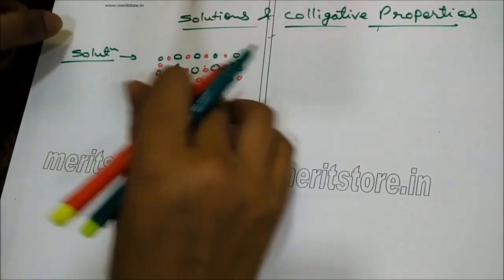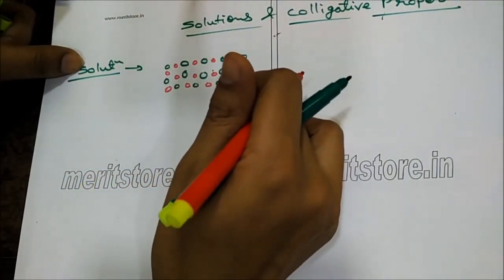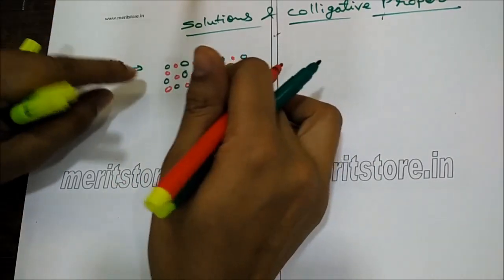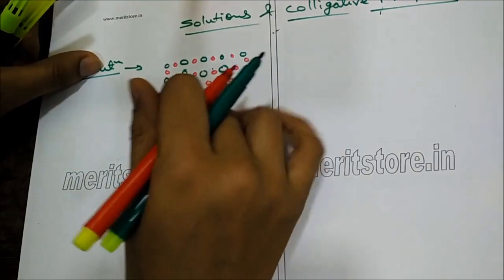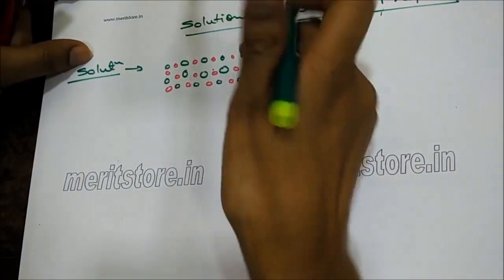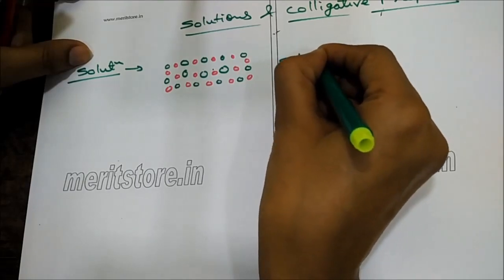So, a solution is a mixture of substances that are intermixed so intimately that they cannot be observed as separate components. This type of mixture is called solution.